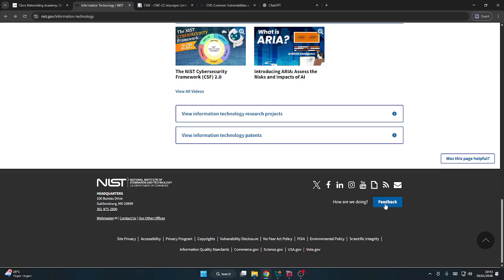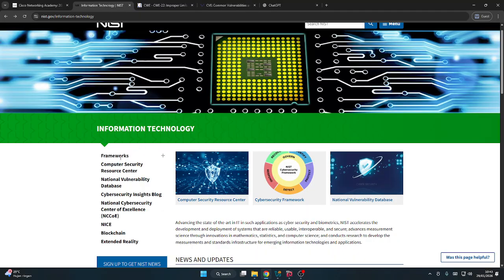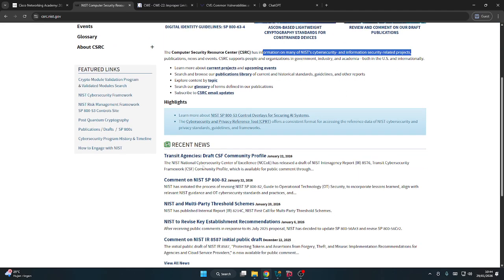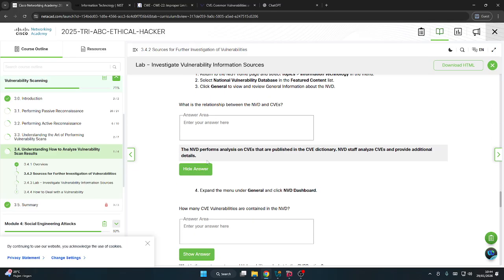There is no information about it here, but we can see the answer here, so we can get information at least. The NVD performs analysis on CVEs that are published in the CVE dictionary. NVD staff analyze CVEs and provide additional details.